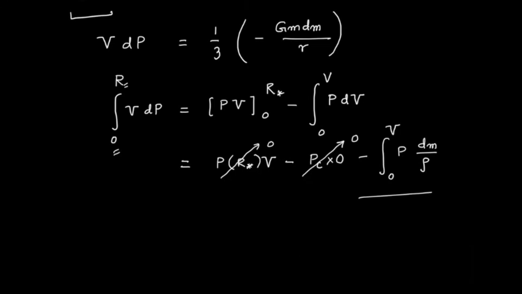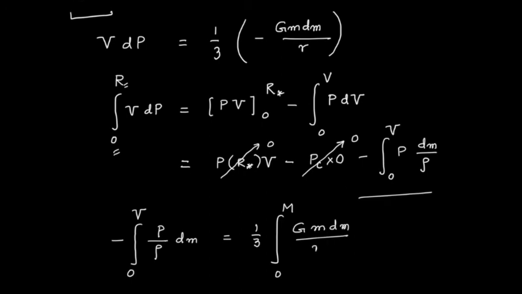So we did the integration in the left hand side, so should we do it in the right hand side? Let me write down what we get from here. I have got 0 to V P by rho dm equals 1/3 integral, and that integral is over m. At the radius R star, the mass is the mass of the star. We should have a minus here.